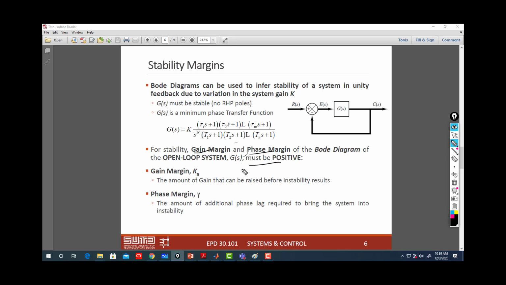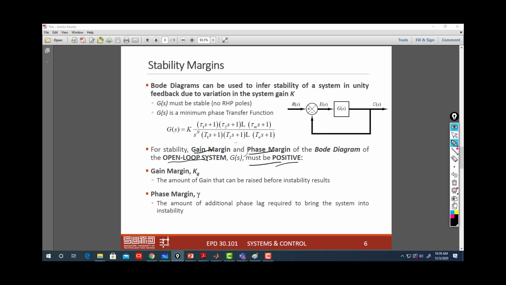For stability, the gain margin and the phase margin, which we know how to find, of the Bode diagram of the open loop system, I'm putting them in bold, in capital letters, must be positive.